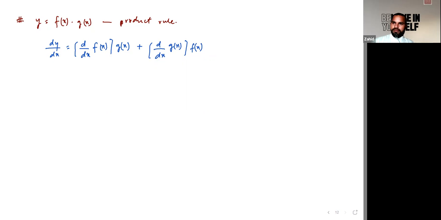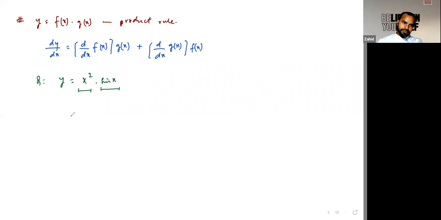I'm giving you one example related to this. Let's say y is equal to x squared times sine x. Here we have two different functions. One is x squared, which is an algebraic function, and the second is sine x, which is trigonometric. And they are related by multiplication.